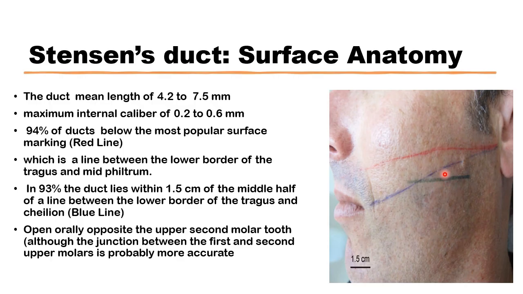So that's a more applicable surface landmark, the blue line. The duct would open orally opposite the second upper molar tooth, or between the first and the second upper molar tooth, somewhere here. This will be its surface landmark. So these are two of the three commonest lines.